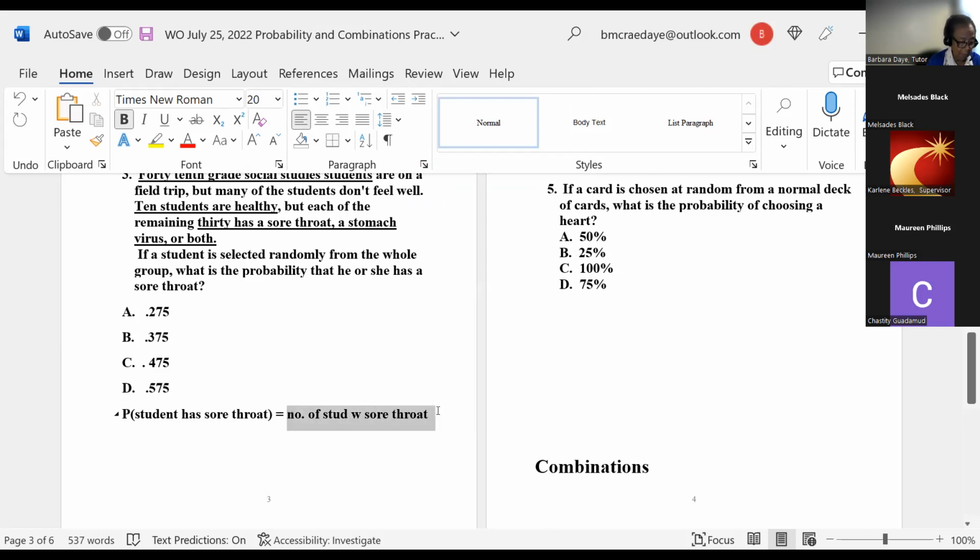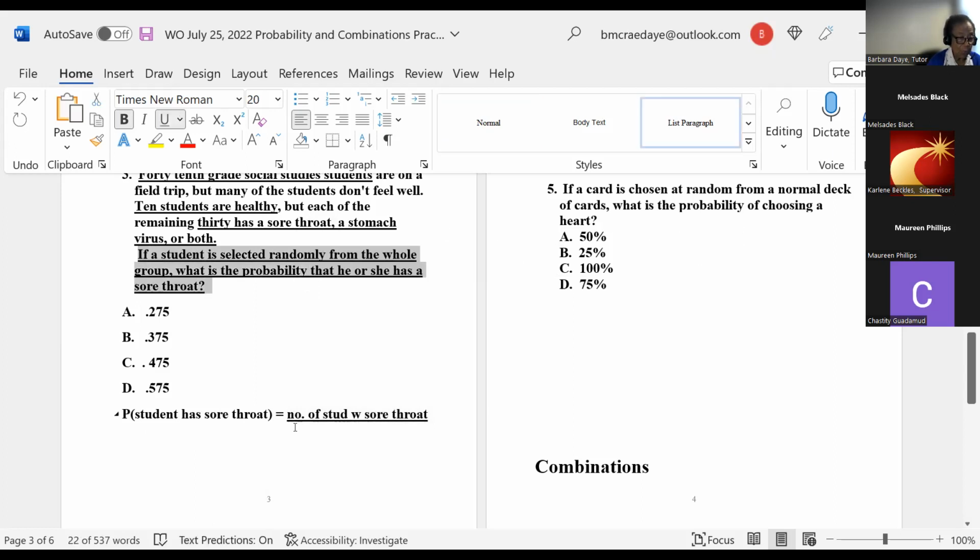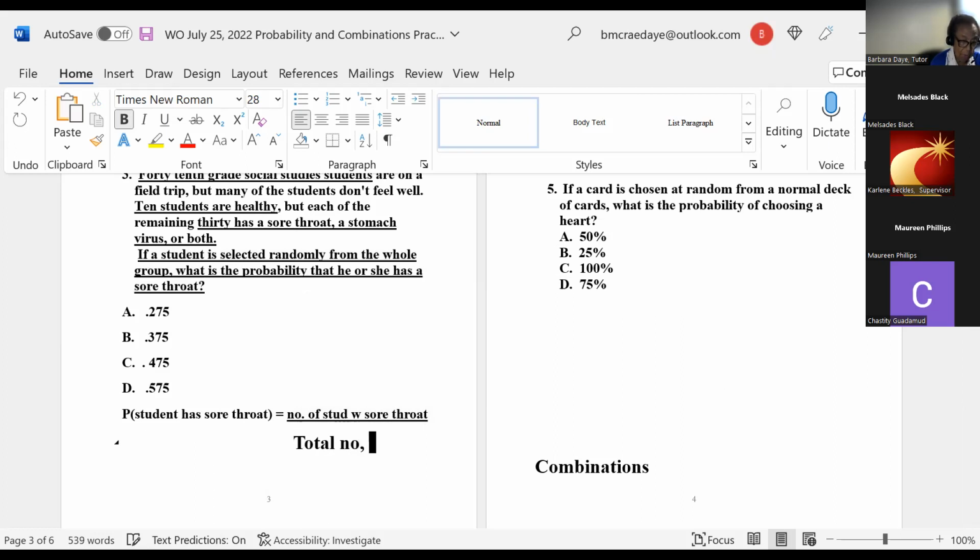Mercedes, what would that be divided by? No. What is the probability if the student is selected randomly from the whole group? How many are in the whole group? 40. So that's the total number of students.